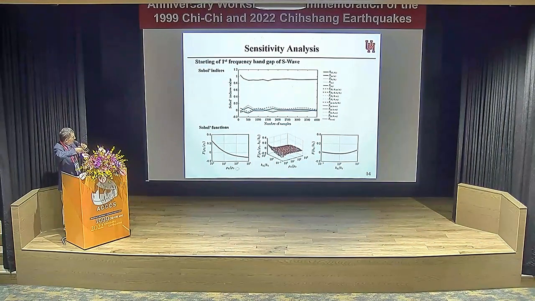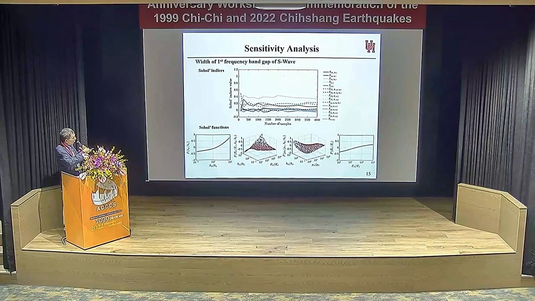The density of these two base materials are the most important to find the starting frequency of the first frequency band gap. Similarly, for the width of the frequency band gap, we find the most important variable as the height ratio of the two base materials.